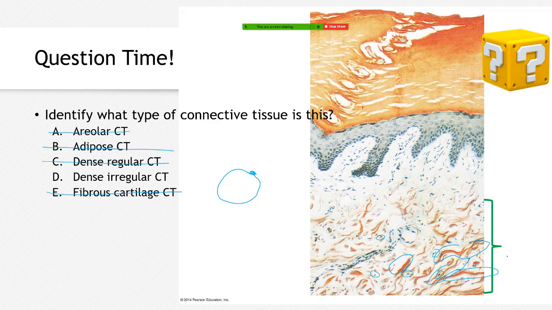So the follow-up question is, where do we find this dense irregular connective tissue? Well, we mentioned this earlier on, right? If you take a look at this, what was this tissue here on the top called?